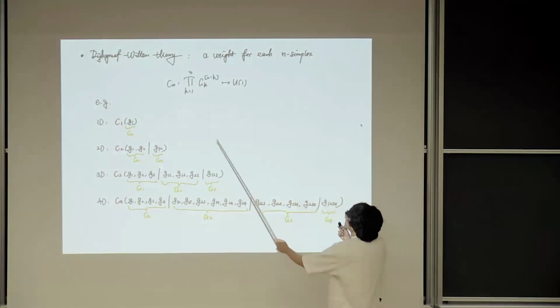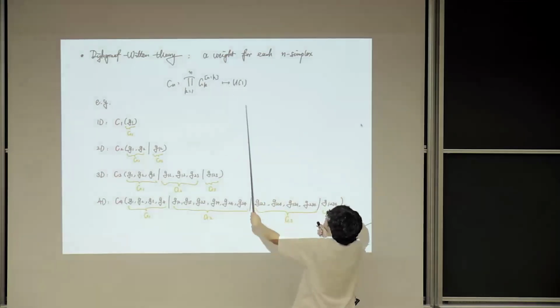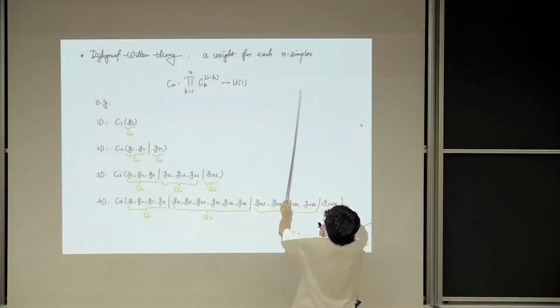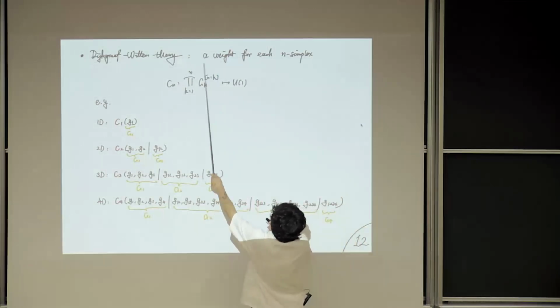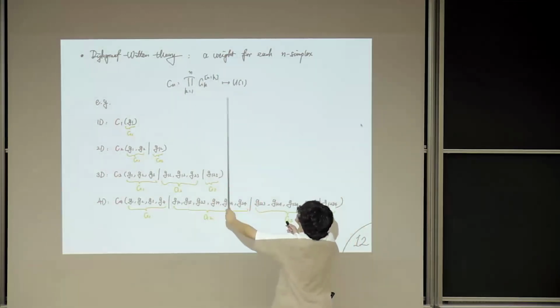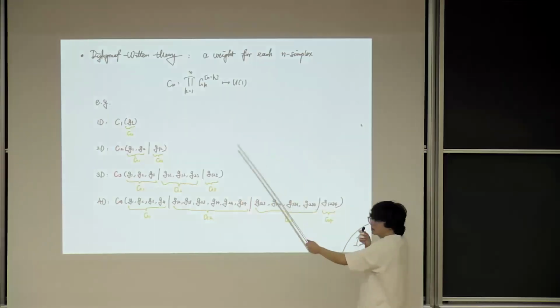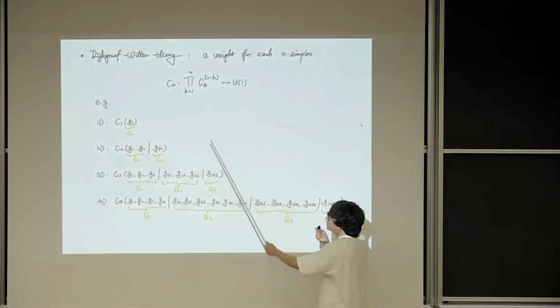Formally, it's given by this map. The target space is U(1) because of this e^{i something}.